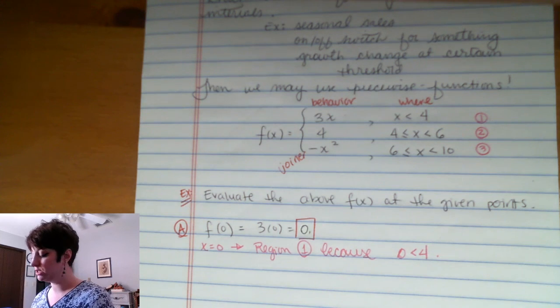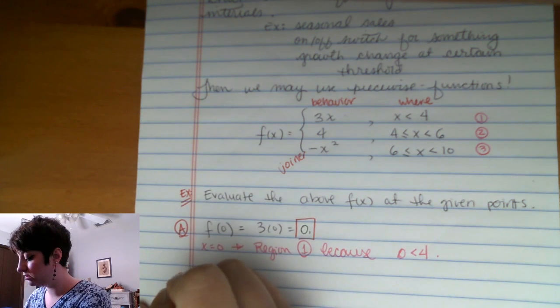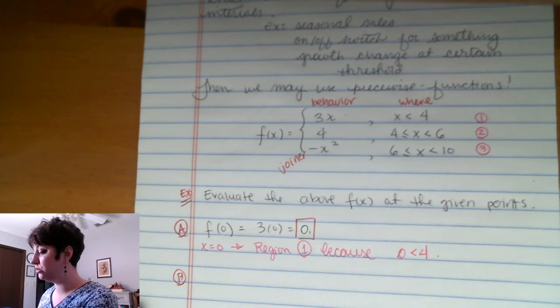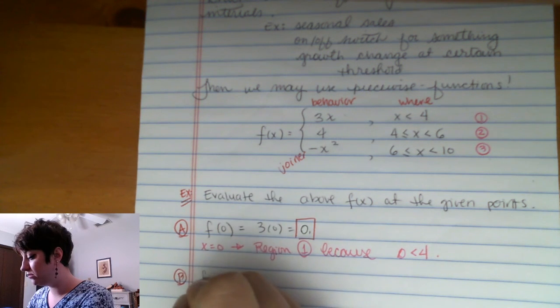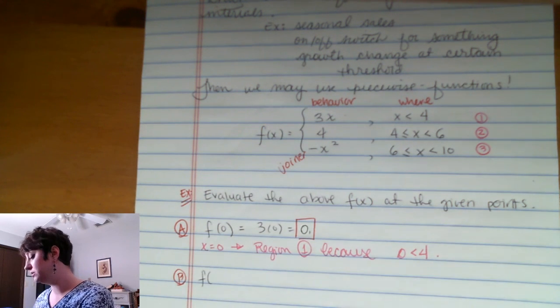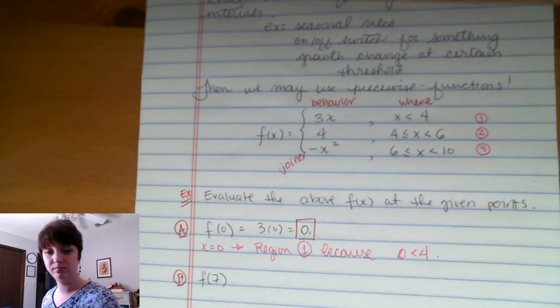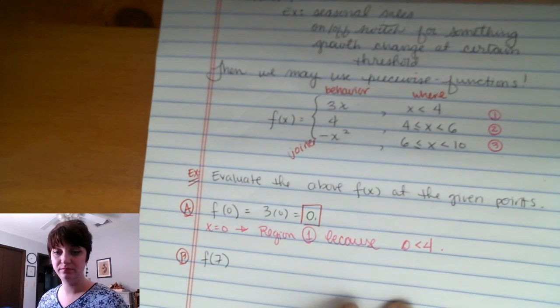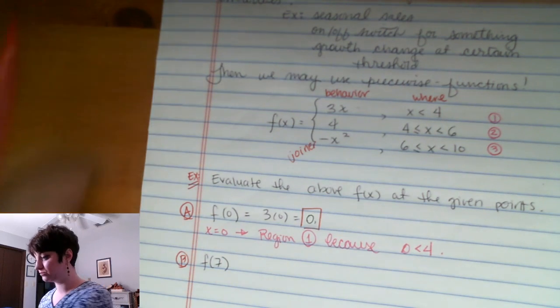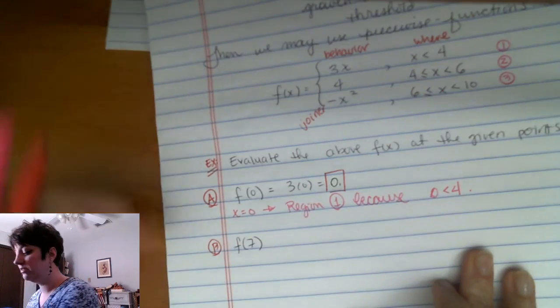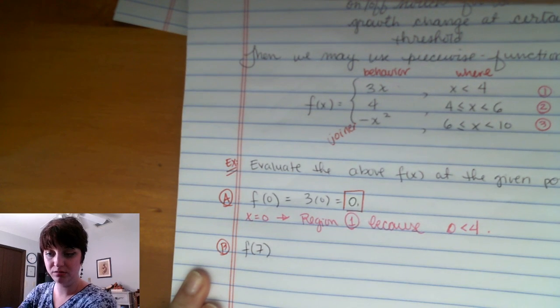All right, so for B, let's do f at 7. Same thing. What's your x value here?